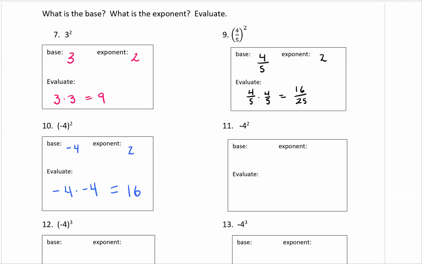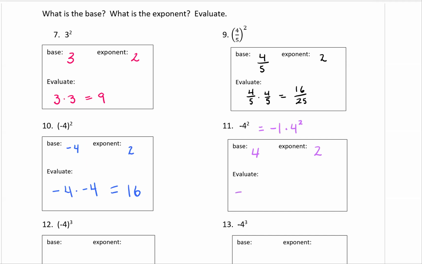Number 11 is very different than number 10. The base is 4. The exponent is 2. This is asking you to find the opposite of 4 squared. This is like saying -1 times 4 squared.